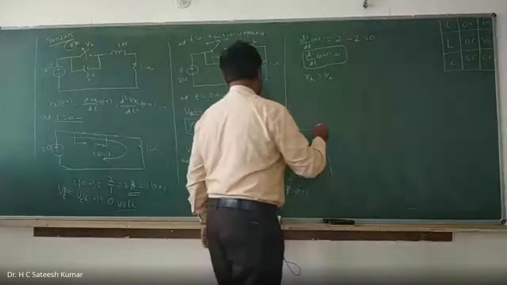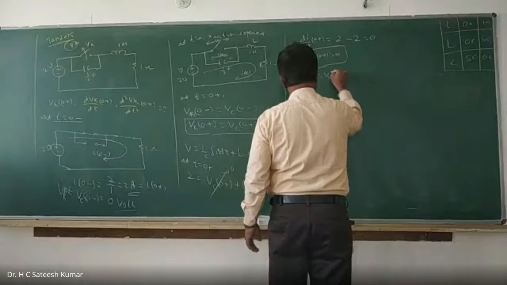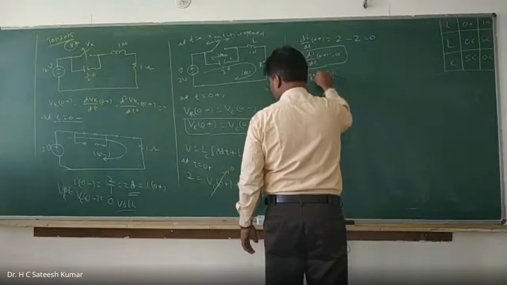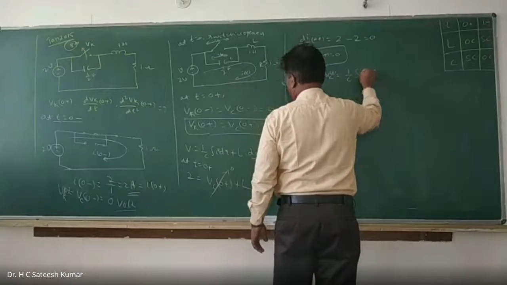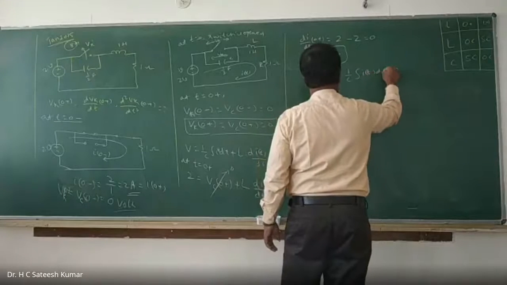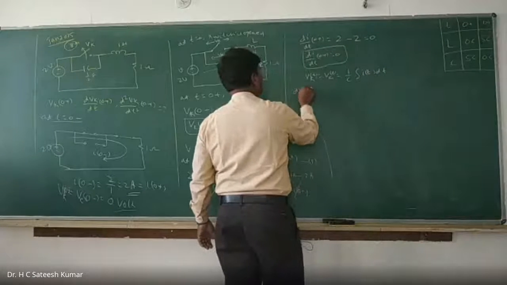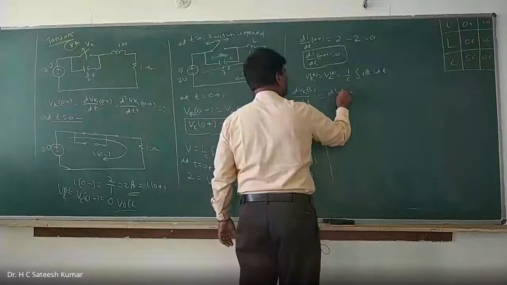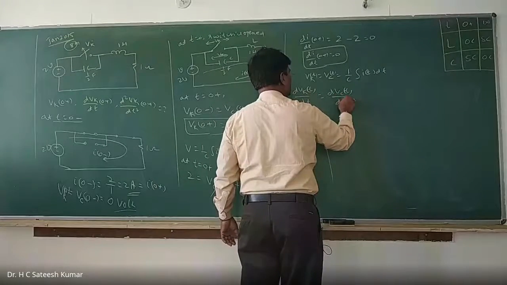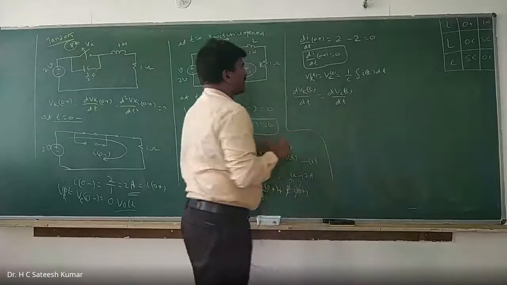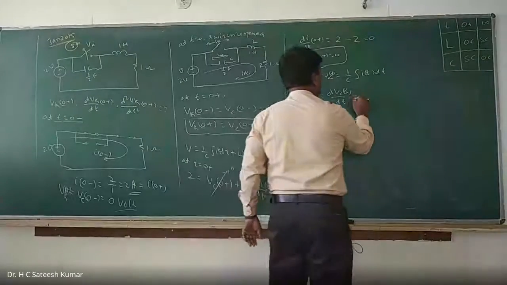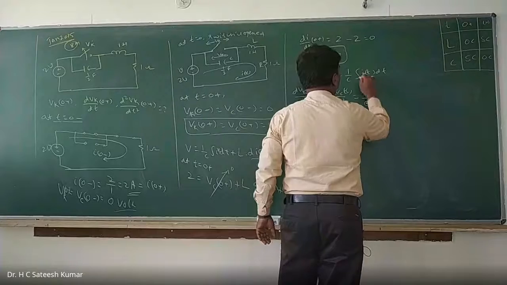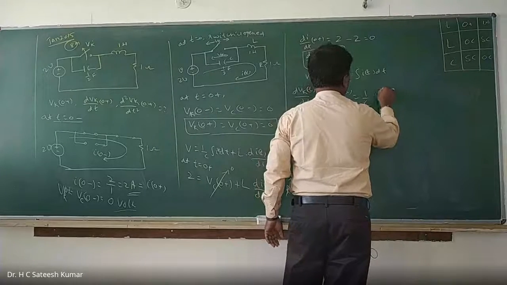Therefore, we can write Vk of t as 1 by c into the integration of I of t dt. So dVk of t divided by dt is equal to dVc of t divided by dt. That means the voltage across the switch is equal to the voltage across the capacitor, and differentiating gives 1 by c into I of t.